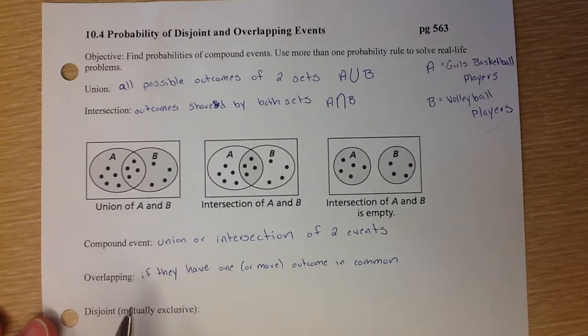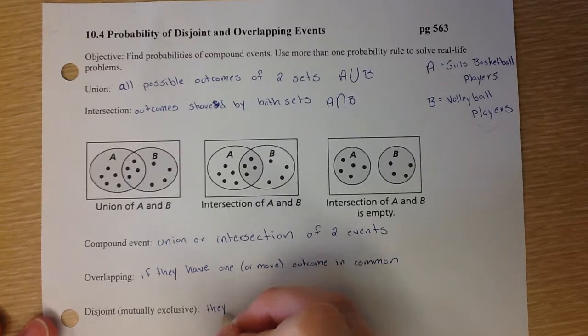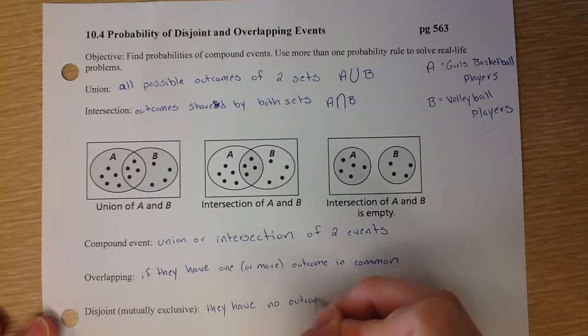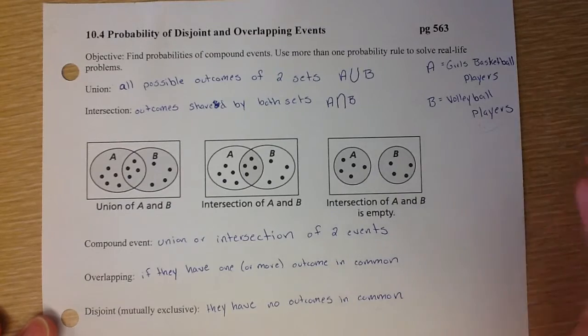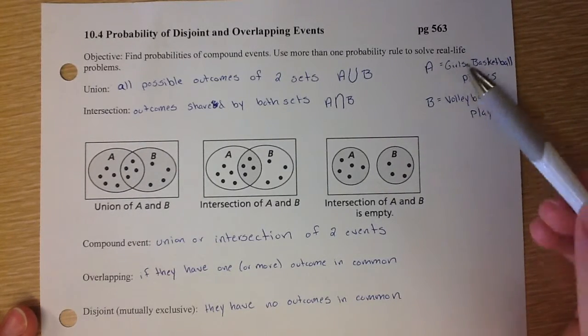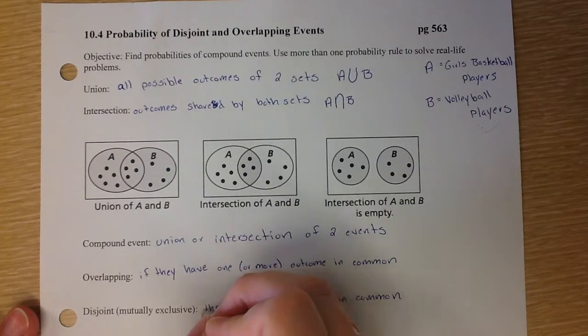And two events are called disjoint or mutually exclusive when they have no outcomes in common. Again, in my example of volleyball and basketball teams, they would be mutually exclusive if there were no girls who played on both teams. They have no outcomes in common.